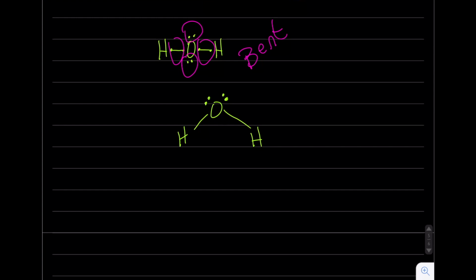So that means that the electrons are pulling towards the oxygen, giving us hydrogen partially positive and oxygen partially negative. So we definitely have 2 polar bonds here.